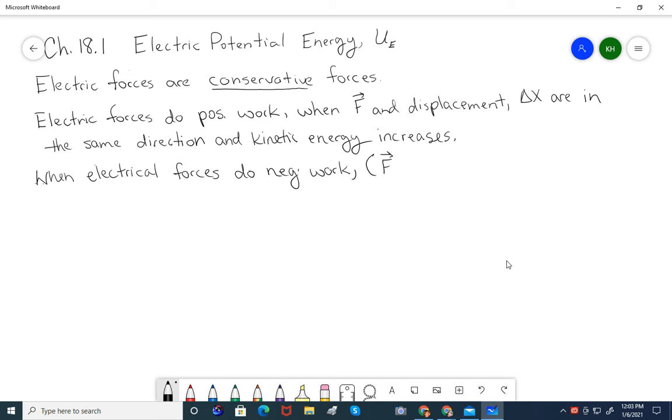That means the force and the displacement are in opposite directions. Potential energy increases.